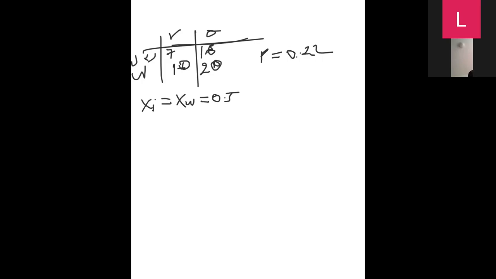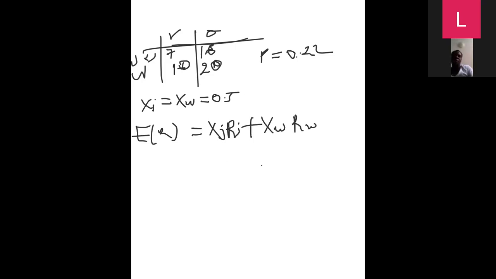So first of all, we are looking for the expected return. Now the expected return formula is X of J multiplied by the return on J plus X of W multiplied by the return on W. So this one gives you the expected return.